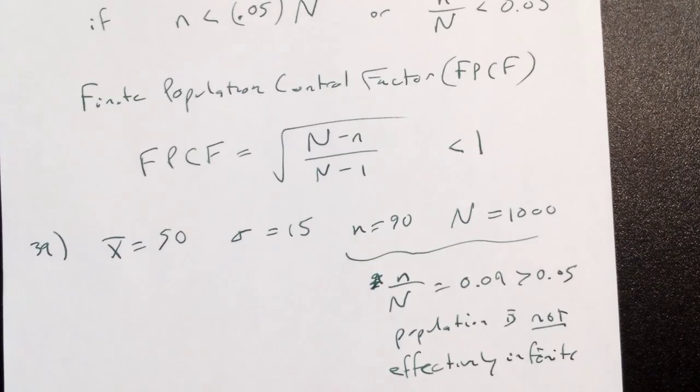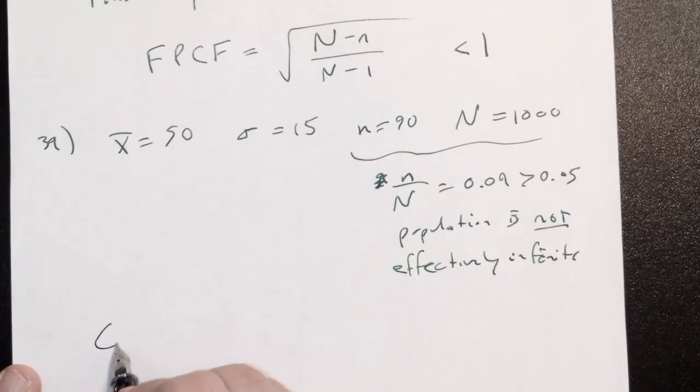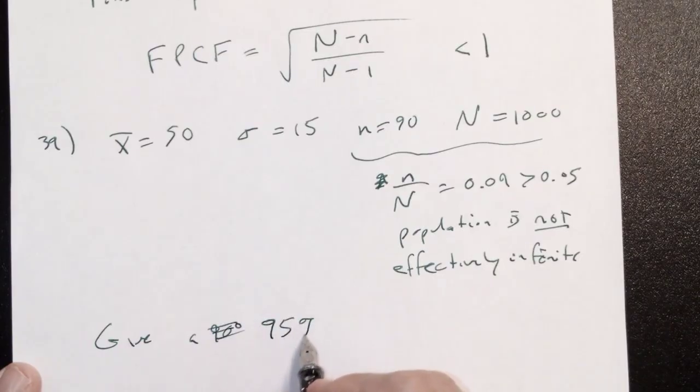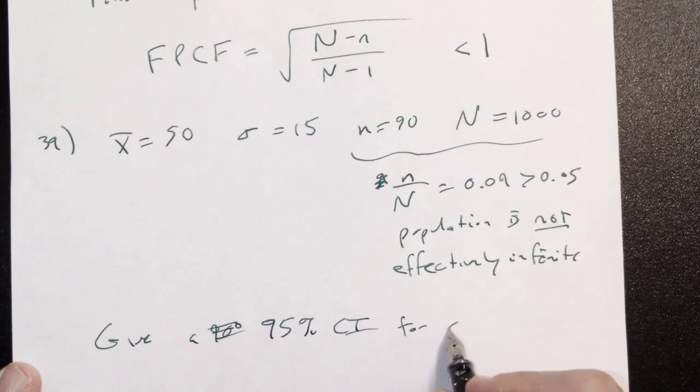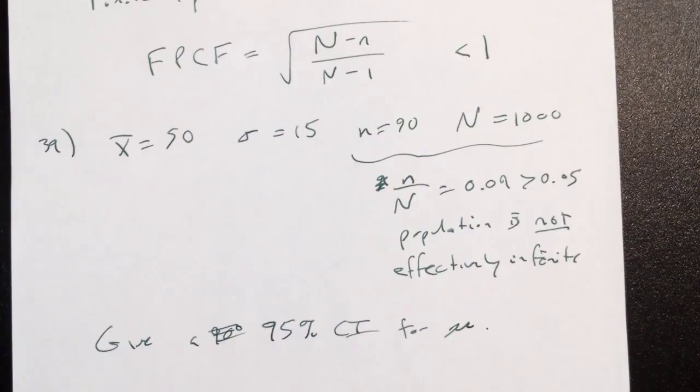So if I want a 95% confidence interval, the 5% confidence interval for the mean, I need to know 2 things. First, which of the 3 formulas that I just showed you are we going to use?